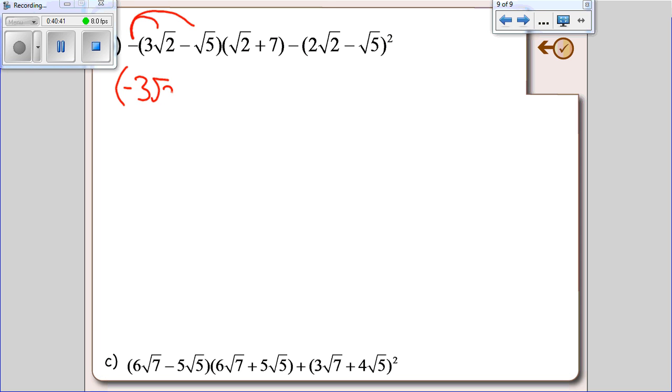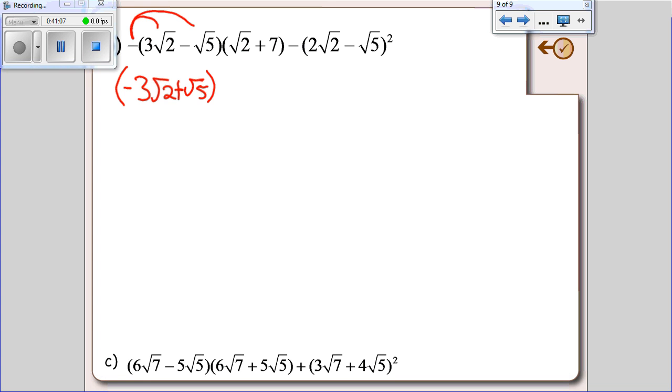You could theoretically not do that and wait to the very end and change things, but I promise you that would probably mess you up at some point. So just deal with it now. That's the hardest part of this course. Okay. We're foiling. First terms, right there. What's negative 3 root 2 times root 2 going to be?